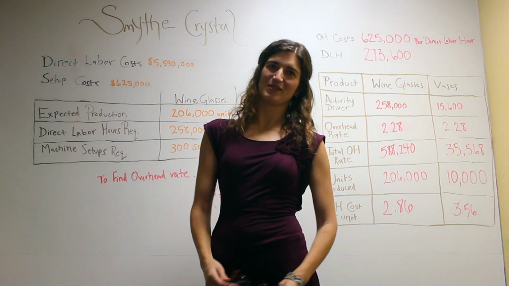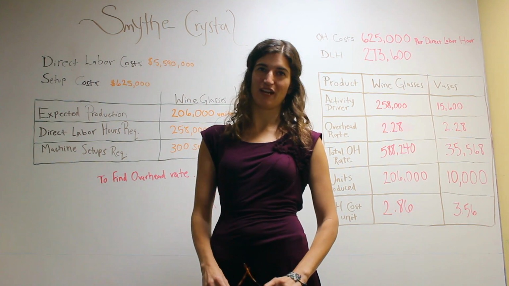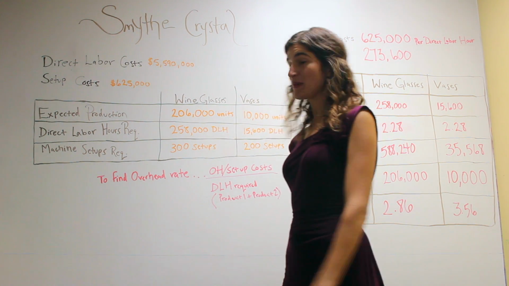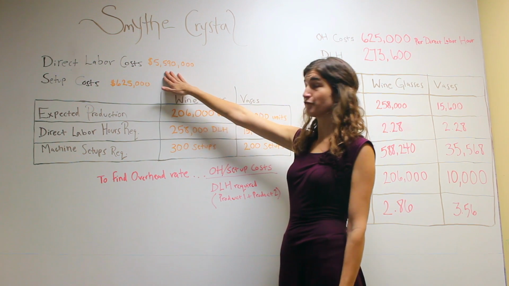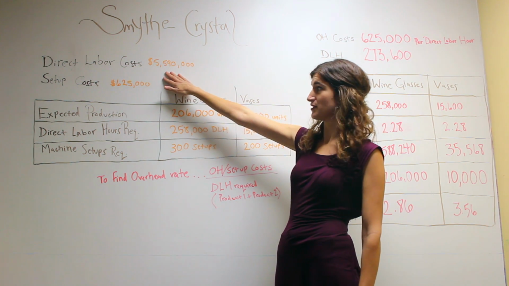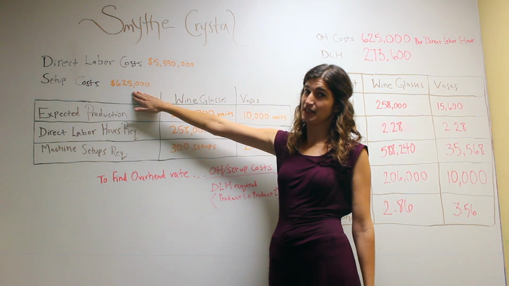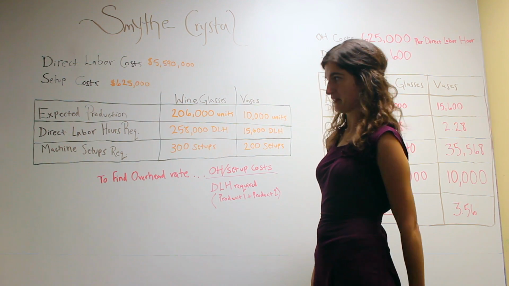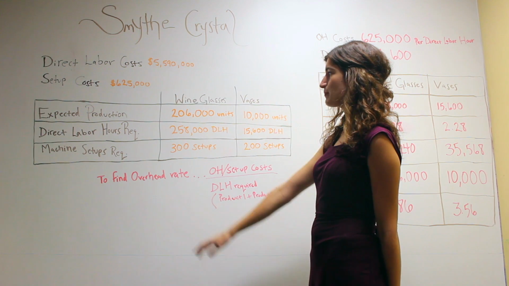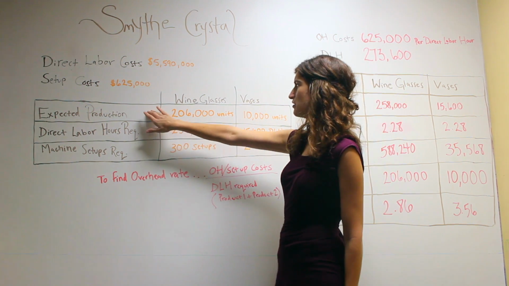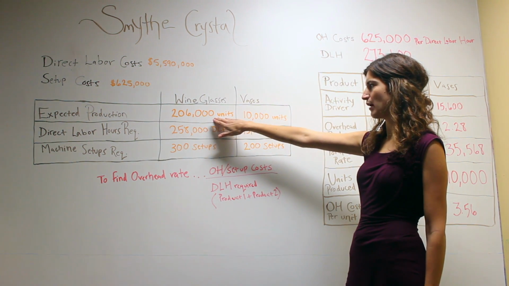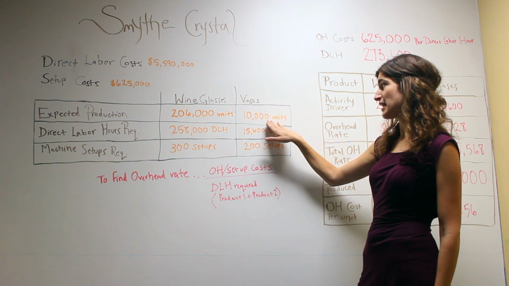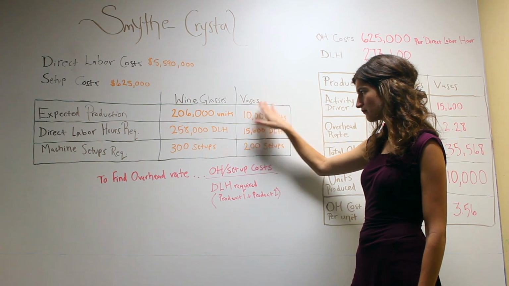Today, we'll be talking about Smythe crystal and how they found their overhead cost per unit. During this period, their direct labor costs are $5,590,000 and their setup costs are $625,000. We have their expected production at this period to be 206,000 units for wine glasses and 10,000 units for vases.